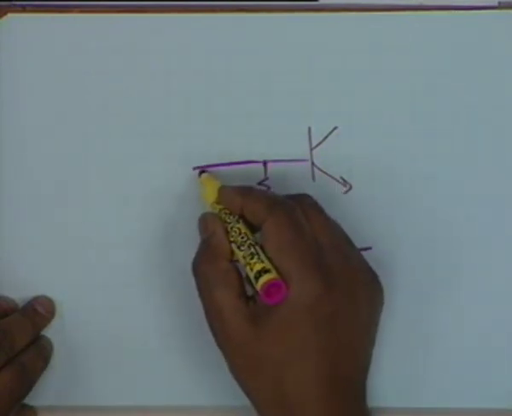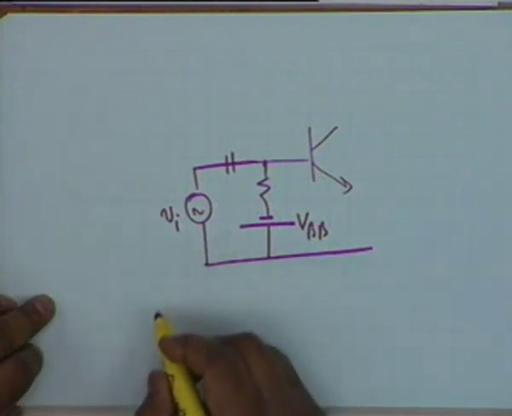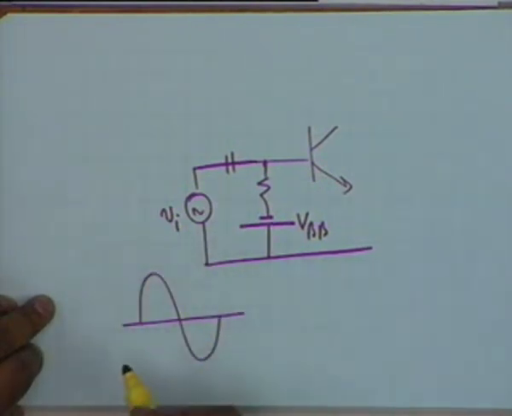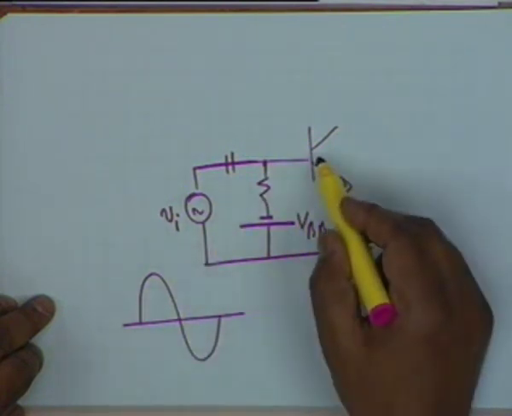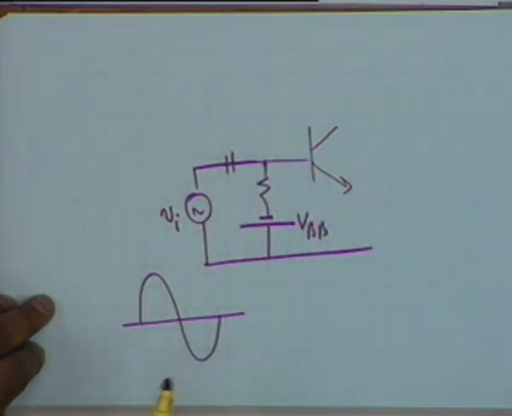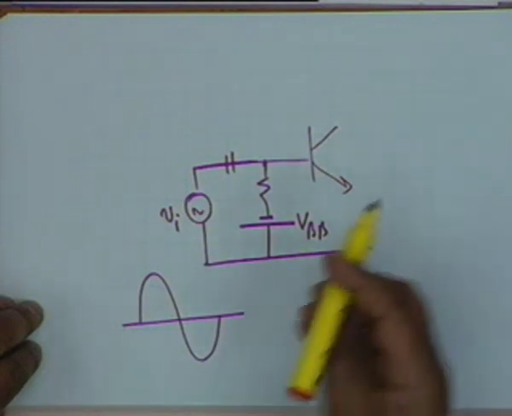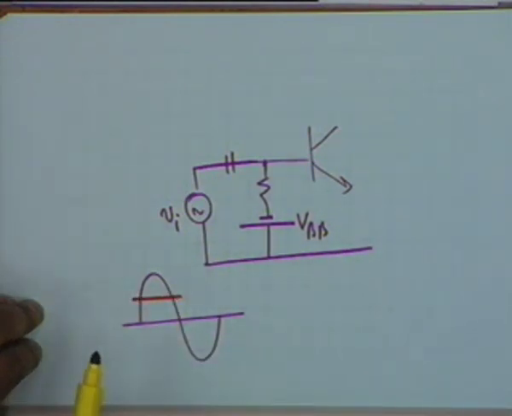Then you see, if you apply through a capacitor an input signal here which varies like this, all right, then the transistor will conduct only when Vi exceeds VBB, isn't that right, by at least 0.7 volt, otherwise the transistor will not conduct, and therefore in the collector circuit only during a part of the positive half cycle the collector current shall flow.